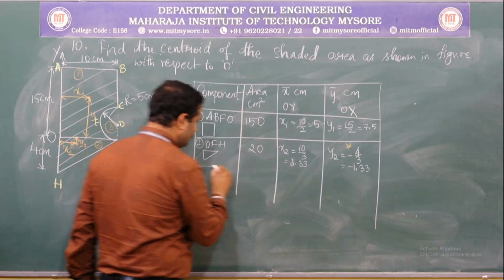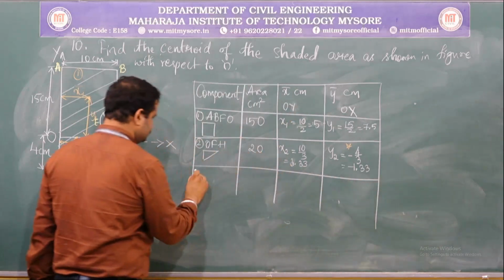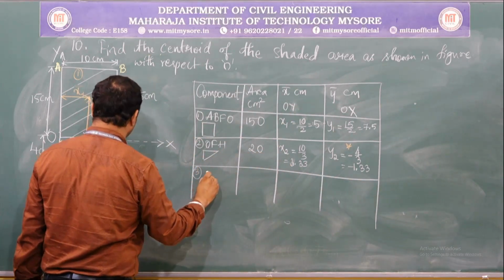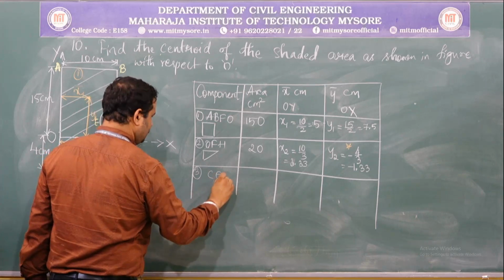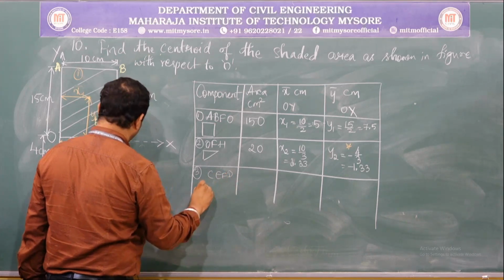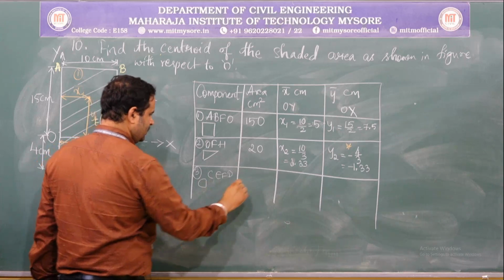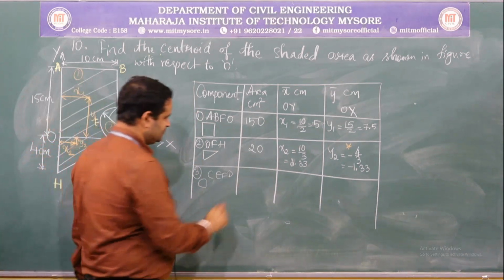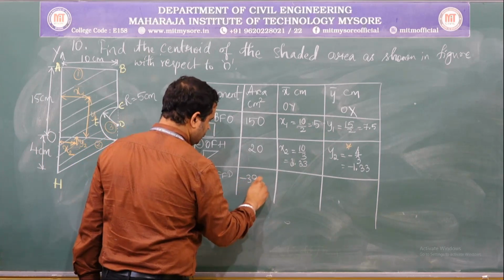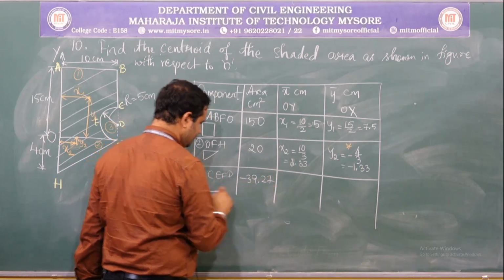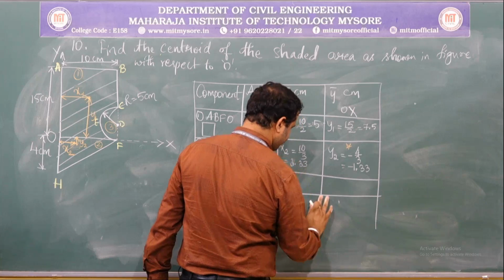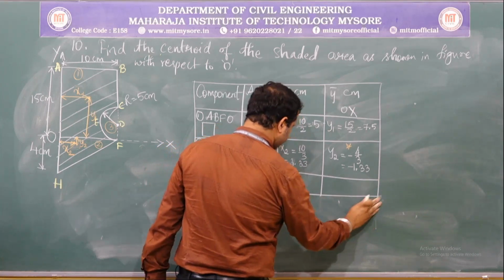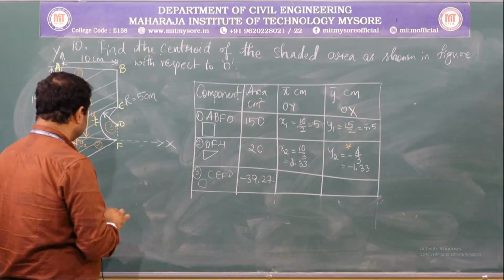And at last the component 3, that is semicircle CEFD, area of semicircle is minus 39.27 centimeter square with respect to OY axis.